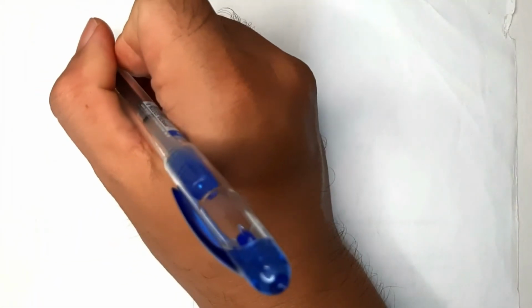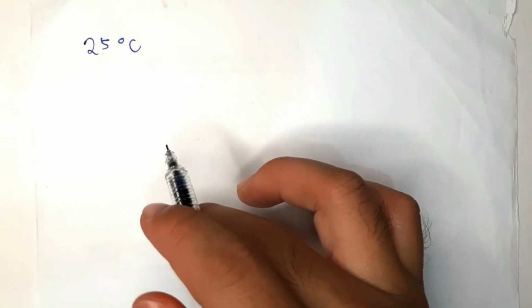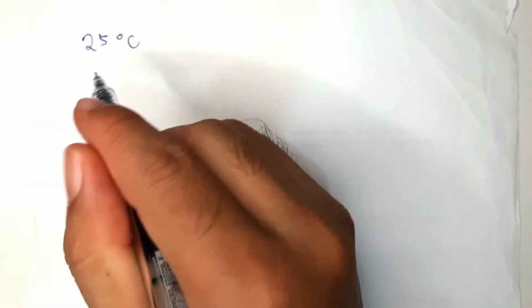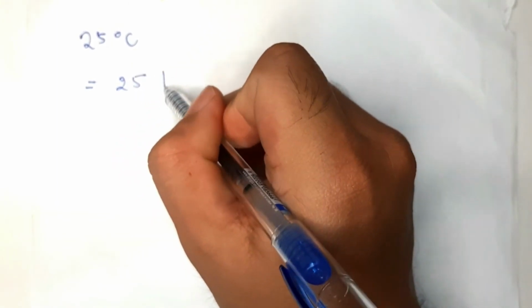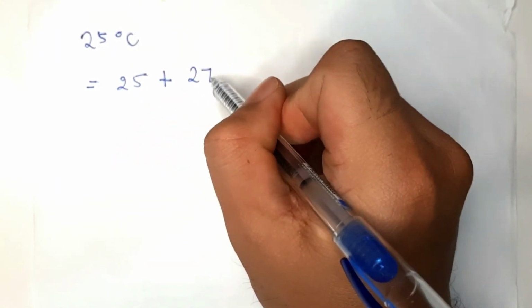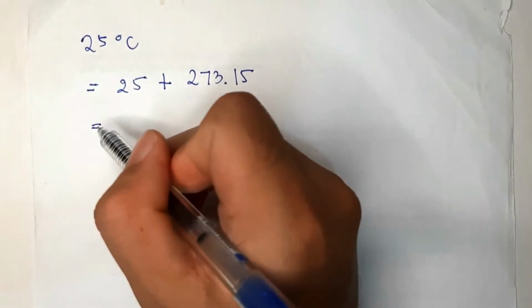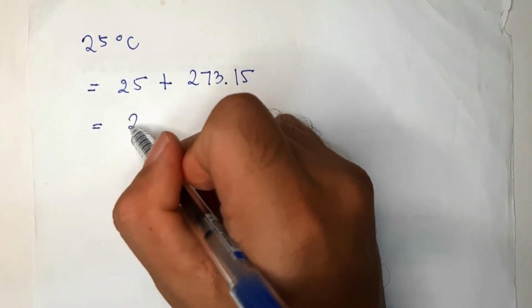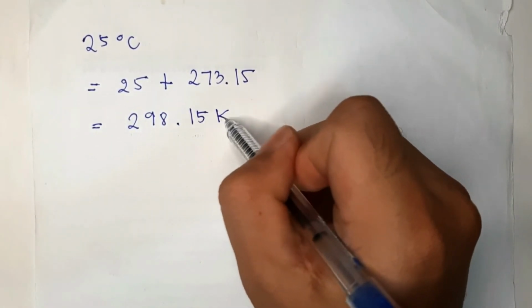So we go on to our last example, which is 25 degrees Celsius. We use the formula and then plug in 25. So equals 25 plus 273.15. So the answer is 298.15 Kelvin.